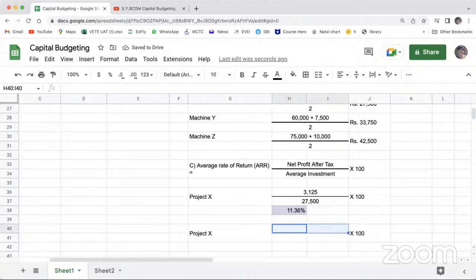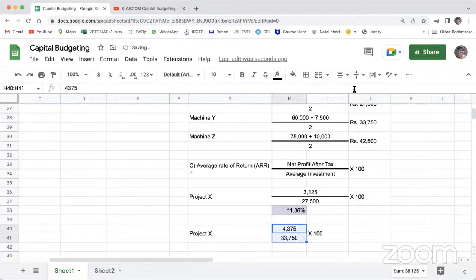Now let's start with the next project. What is given for the next project? What is the net profit after tax? It's 4375. Divided by average investment. What is the average investment? 33,750. Now see how much it is.